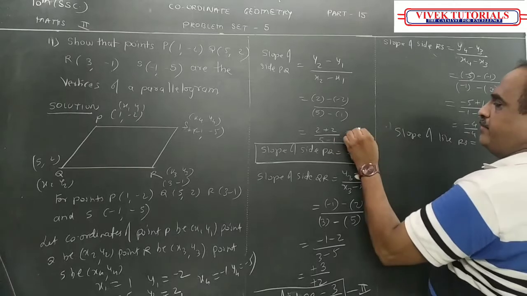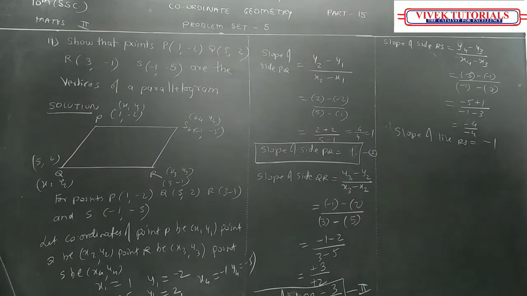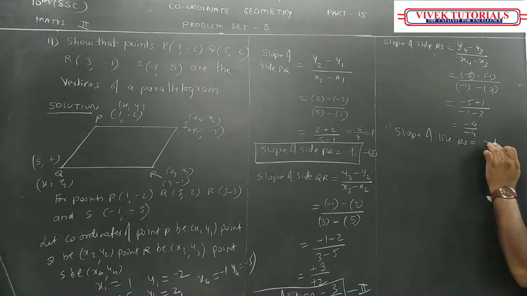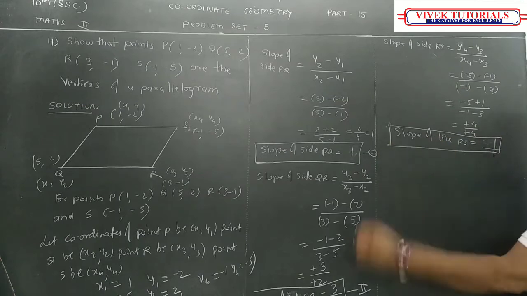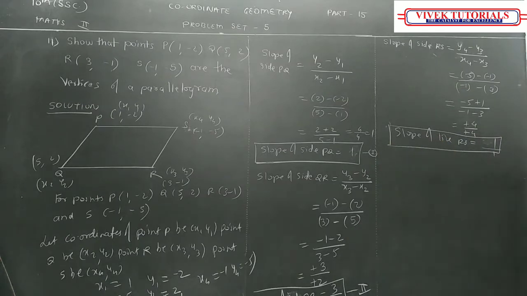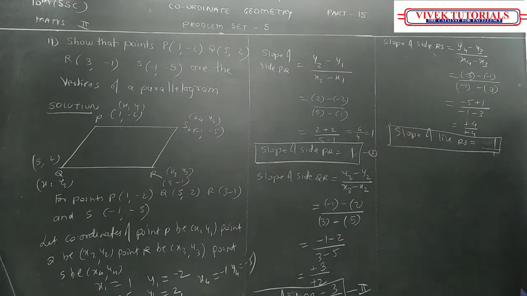Okay, here I made a mistake. 4 by 4 is 1. Here also the slope is 1. So slope of line RS is, minus minus get cancelled, it is 1. Okay. Now, here it is 3 once again. 2 plus 2 is 4. 5 minus 1 is 4. 4 get cancelled, 1. This is equation number 3.